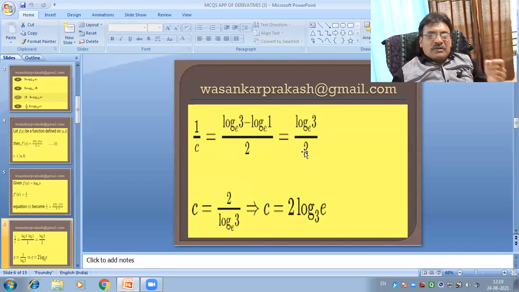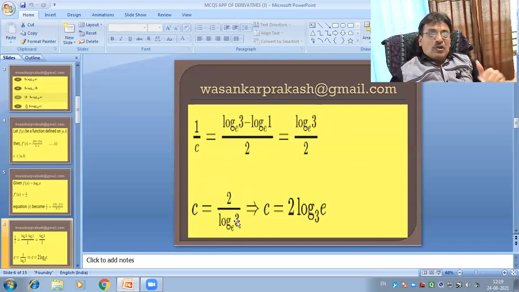Our aim is to find the value of c. So taking the reciprocal of both sides, the reciprocal of 1 by c, that is c, is equal to the reciprocal of the right hand side, 2 upon log 3 base e. Therefore c is equal to 2 as it is, 1 upon, again we use the formula log x base y equals log x upon log y.